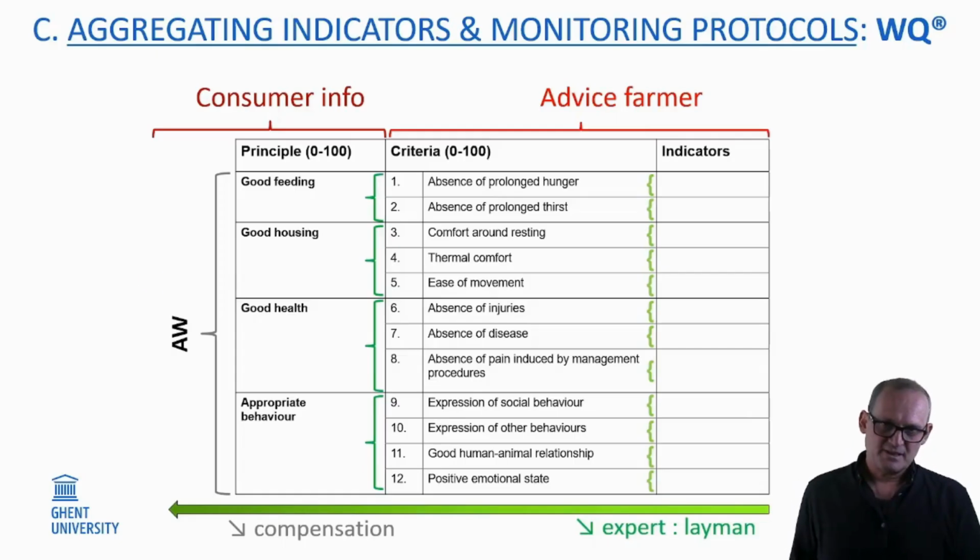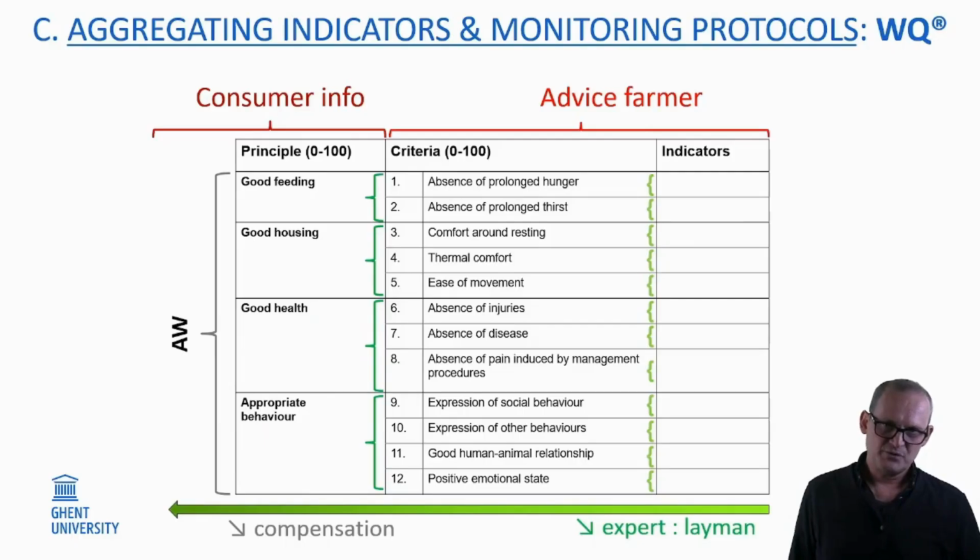Another aspect that is included in the Welfare Quality aggregation methodology is that the amount of compensation is limited, especially towards the end of the integration steps. What is meant with it is that the overall welfare is rarely the average of the scores, but will be more biased towards the bad scores.